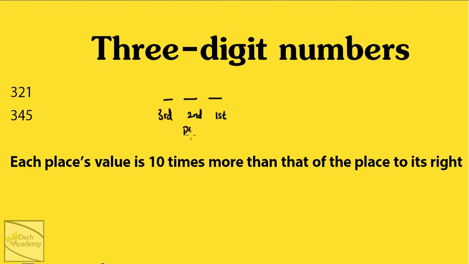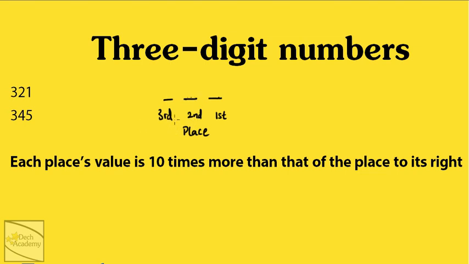So places. Now, each of these places have values. And what this sentence says is that the second place's value is 10 times more than the value of this first place. And the value of the third place is 10 times more than the value of the second place. This will make sense shortly.